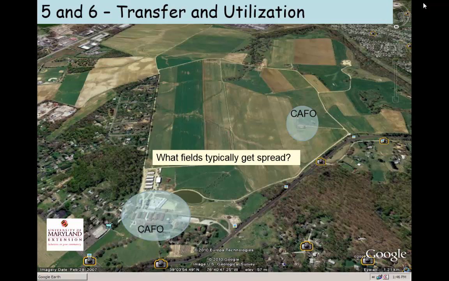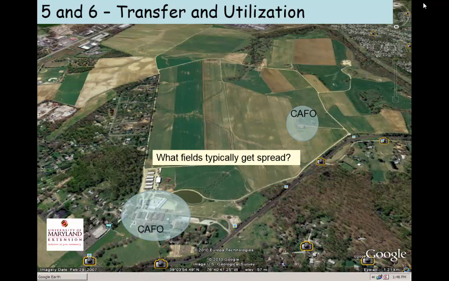A lot of farms, when you're looking at their fields, when you're talking to the farmers, when you're setting up these plans, you might notice that the fields closest to the farm have the highest, say, phosphorus content of their soils, especially where we're at down the lower shore. Before poultry litter was a commodity as a fertilizer, back in the 50s, they just wanted to get it out of the chicken house.